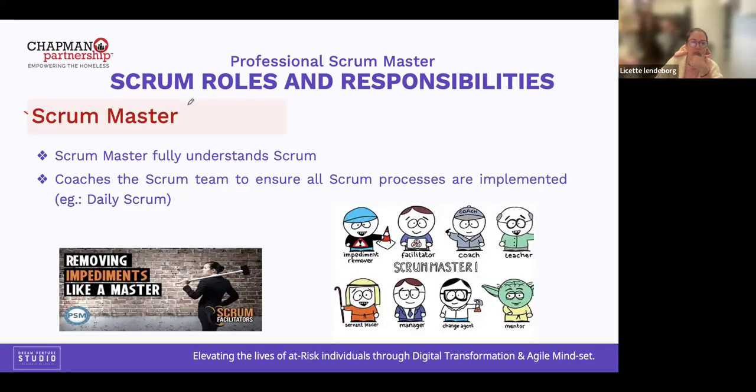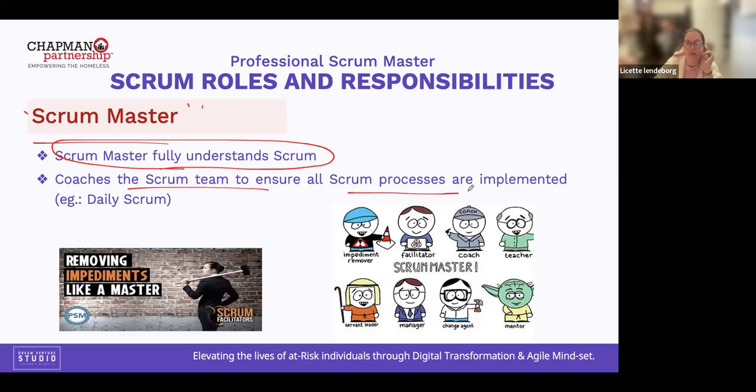Okay, what about the Scrum Master? Let's say the Scrum Master understands the Scrum. The Scrum Master is a coach, coaches the Scrum team to ensure all Scrum processes are implemented. So now the Scrum Master is not the project manager anymore.